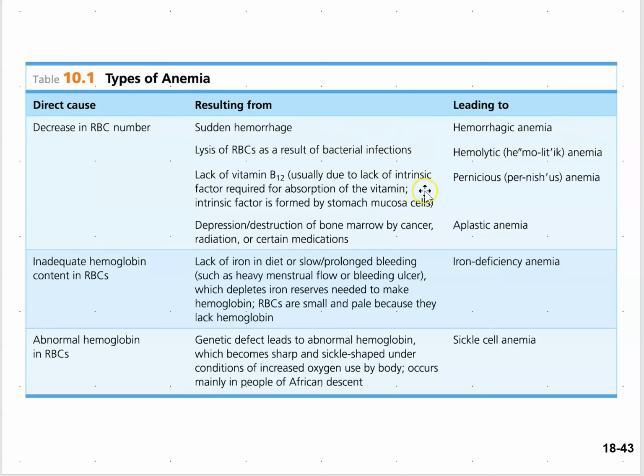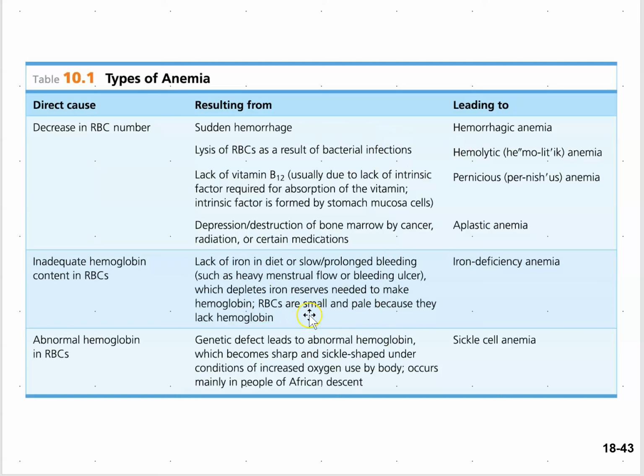Then you have pernicious anemia, which is due to the lack of vitamin B12, usually as a result of a lack of intrinsic factor, which prevents absorption of the vitamin in the small intestine. And then you have hemolytic anemia, which leads to excessive lysis of red blood cells, usually due to bacterial infection.